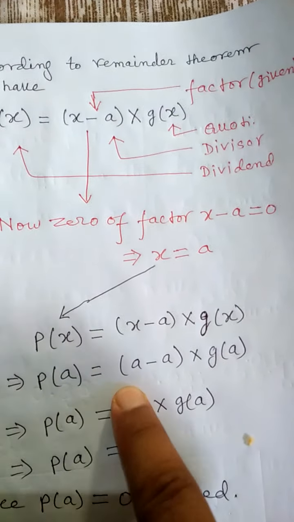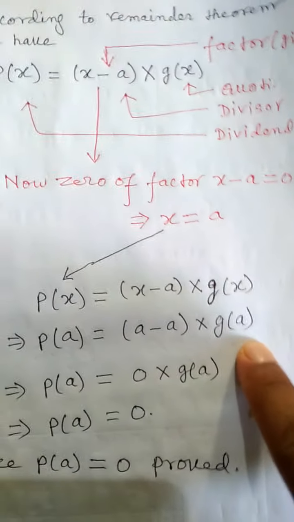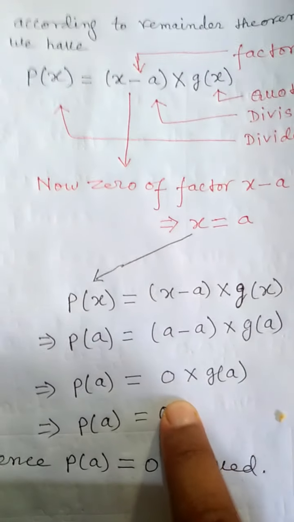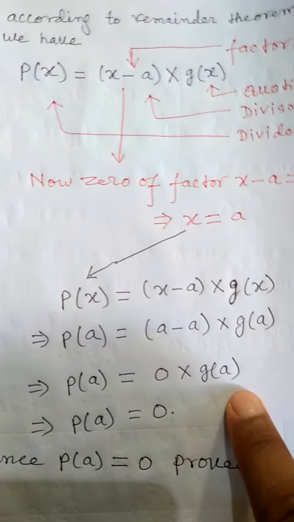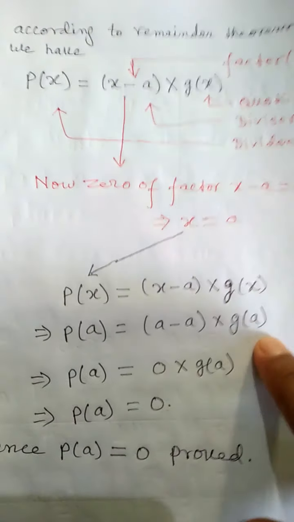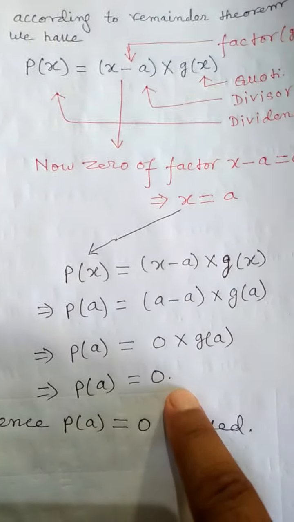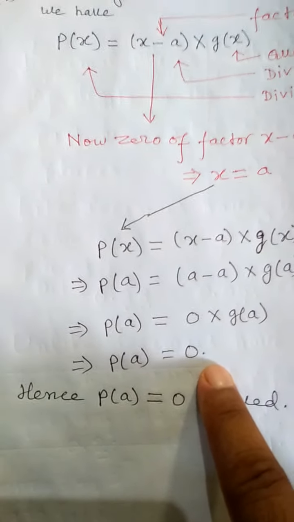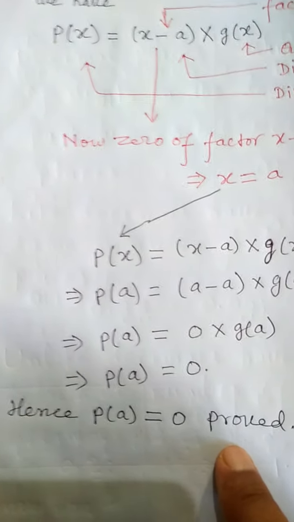Implies that P(a) is equal to a minus a into g(a). A minus a gives us 0, into g(a). Finally, we get P(a) is equal to 0. Hence, P(a) is equal to 0. It was required to prove.